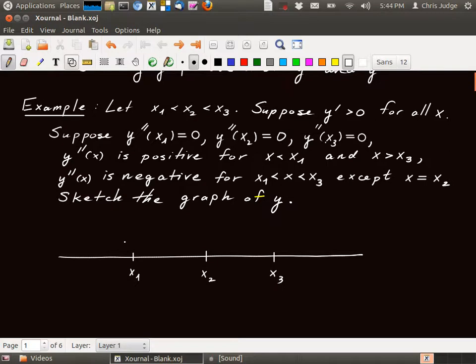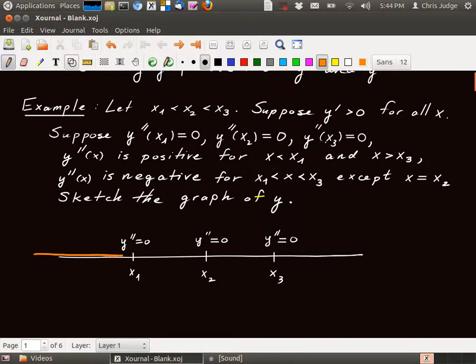We also know that the second derivative is 0 at these points. So here, second derivative is 0. At x2, second derivative is 0. And at x3, the second derivative is 0. And then the second derivative is positive if x is less than x1.